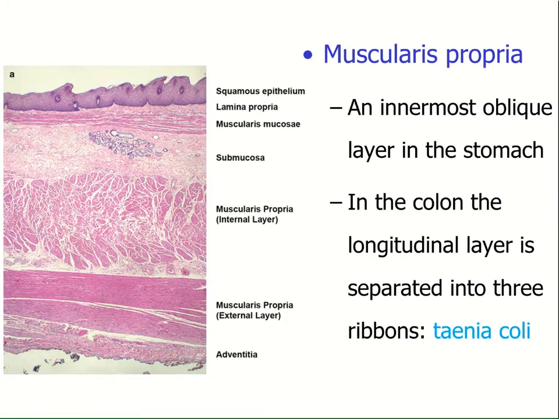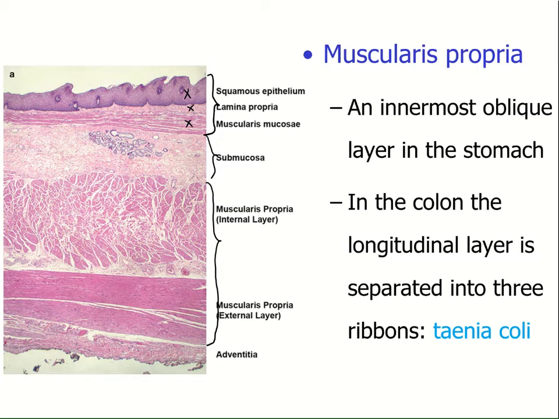In this longitudinal section of the esophagus, you can identify the mucosa consisting of the epithelium, lamina propria, and the muscularis mucosa. Submucosa, muscularis propria or muscularis externa.